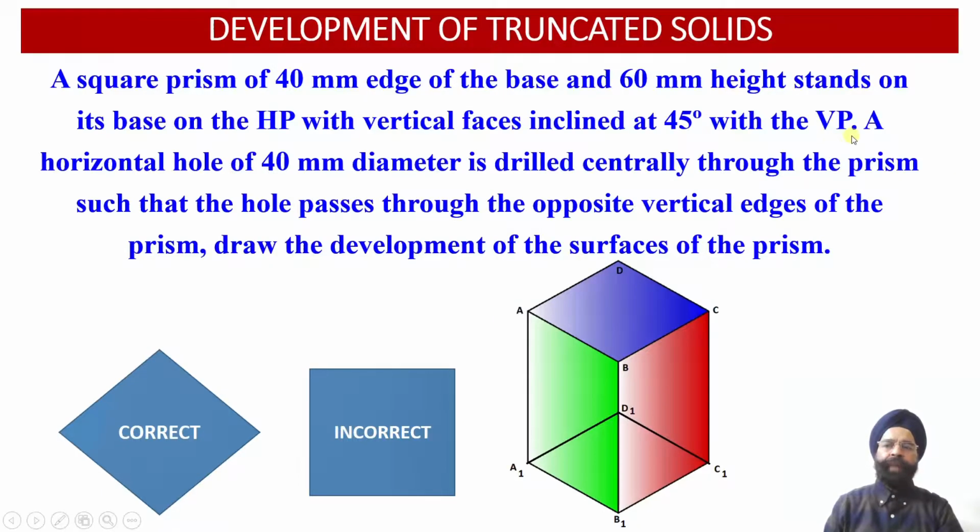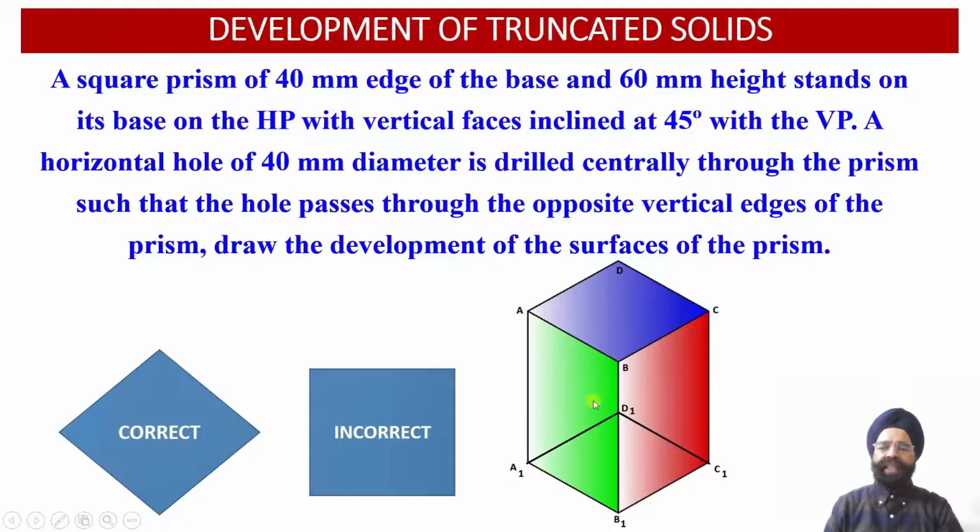Now we have been provided with the information that a square hole of 40 millimeter diameter is drilled centrally through the prism, such that this hole passes through both the opposite vertical edges of the prism.